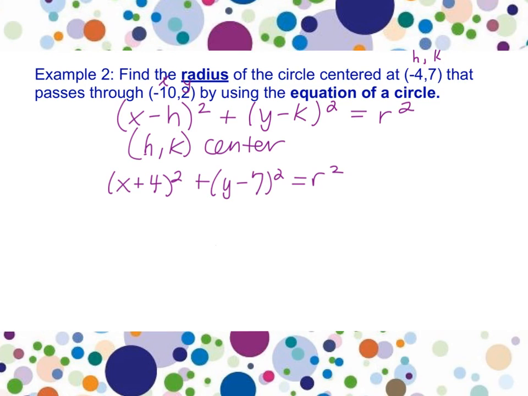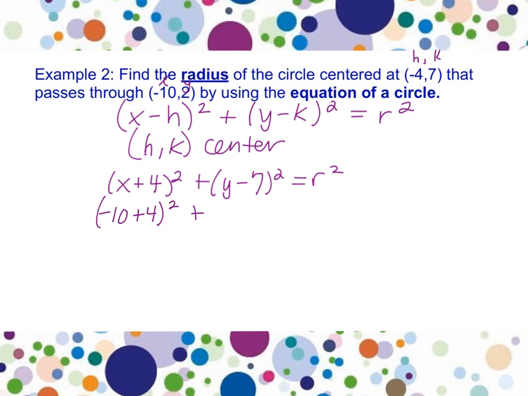All right, so now we're given an x and y value in the point it passes through. Every point on the circumference, we should be able to plug in for x and y, and the equation should still be true. So now I'm going to say when x is negative 10, this is negative 10 plus 4 in parentheses squared.